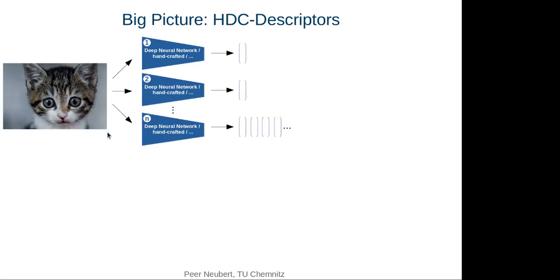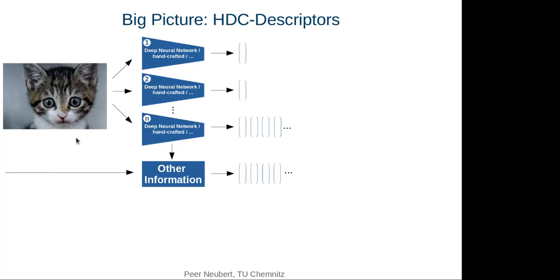And maybe we also have additional information that is output by those networks. For example, the location of some local feature. And I think you already see the connection to what I just showed. Or we have other external information. For example, if we have seen some other image before and we know that they are somehow temporally connected, maybe we want to process this information as well.